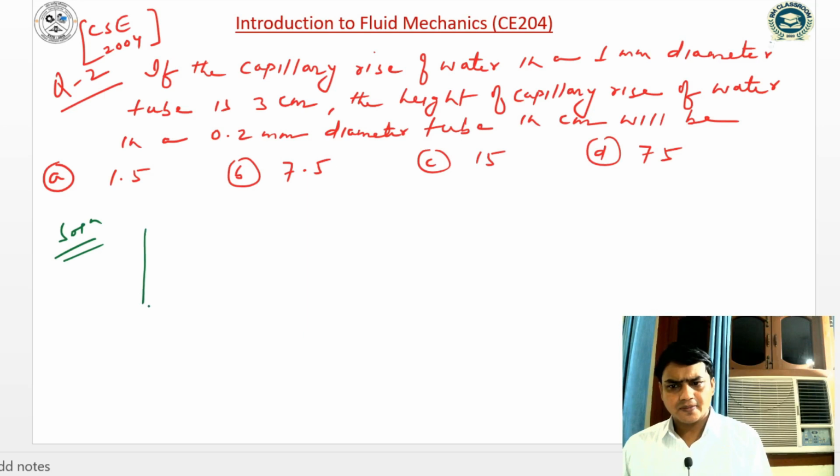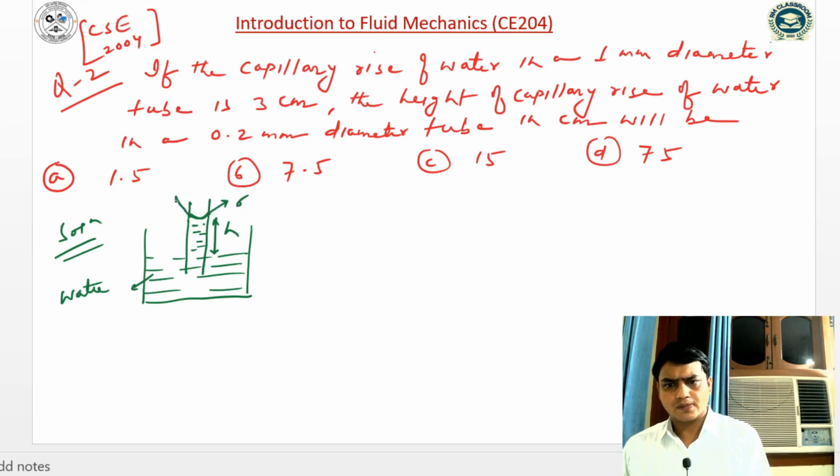Two capillary tubes are taken. In the first, the liquid is water, let us assume this is H1, sigma, and this angle theta, and of course theta will be 0 if water is there. H1 is for the 1 mm diameter tube.